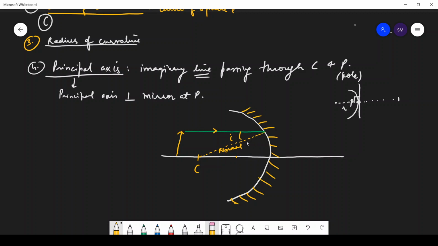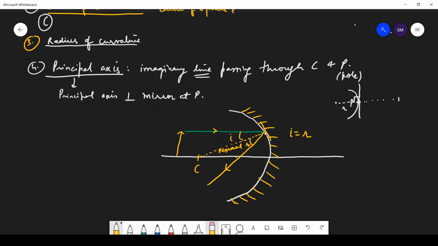Now angle of incidence is equal to angle of reflection. So this is your reflected ray and this angle is R. The incident ray, normal and reflected ray all lie on the same plane, and angle I is equal to angle R. So these are the laws of reflection.